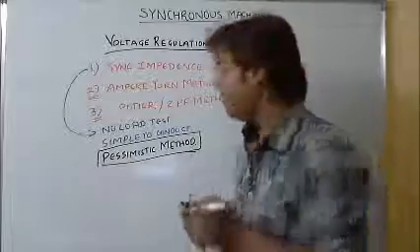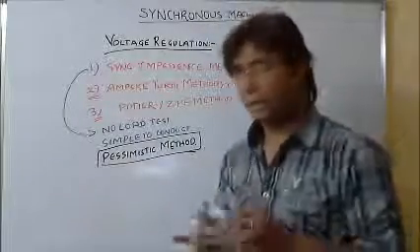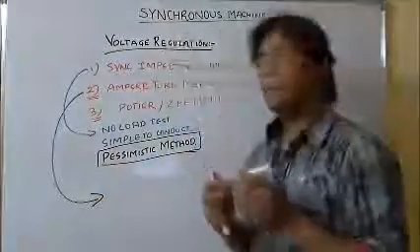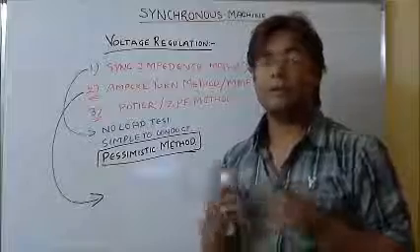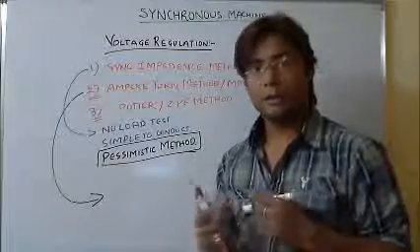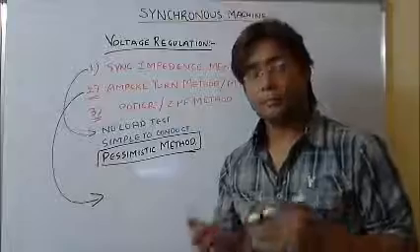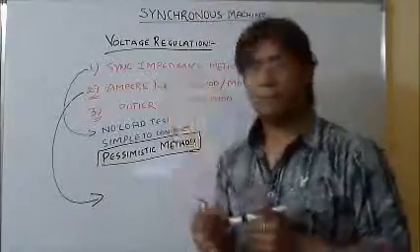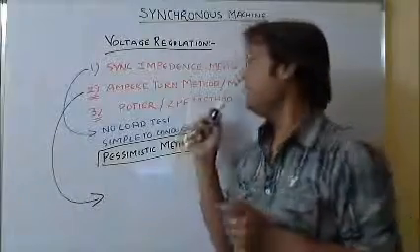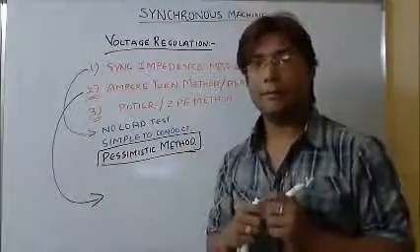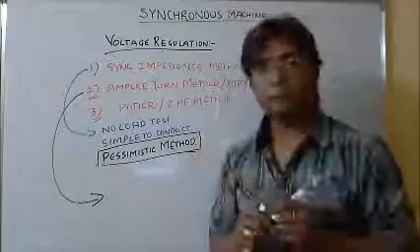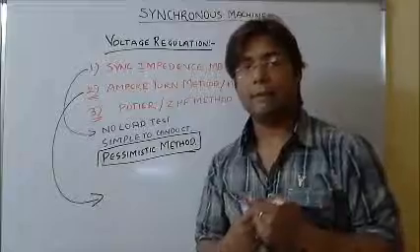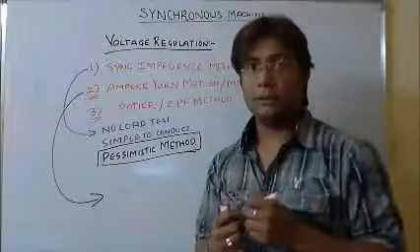Please remember this thing. Coming to the ampere turn method, it is just like the EMF method, where the phasor sum of EMFs was added and we were finding the voltage regulation from that. In the ampere turn or MMF method, we are actually finding the MMF phasors, and from that we are finding the voltage regulation.